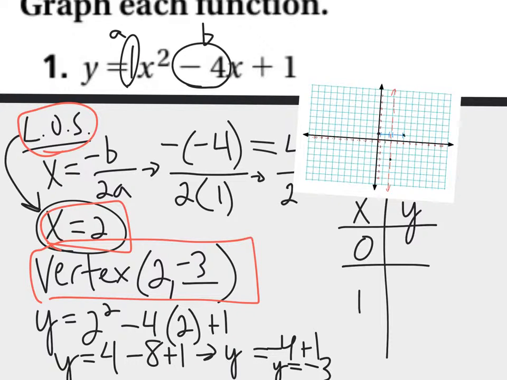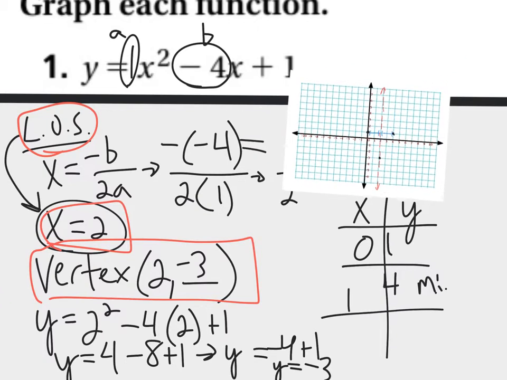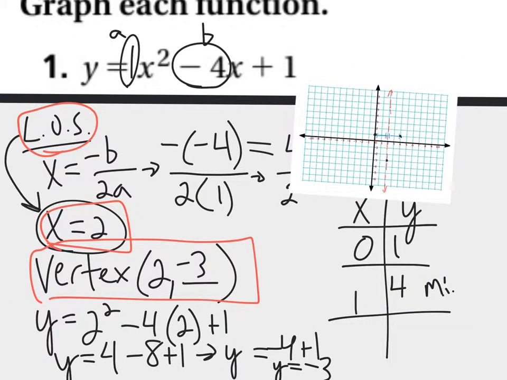Now, I mentioned finding your points before you do the graph, but basically it's the y values that we're going to be concerned about anyway.